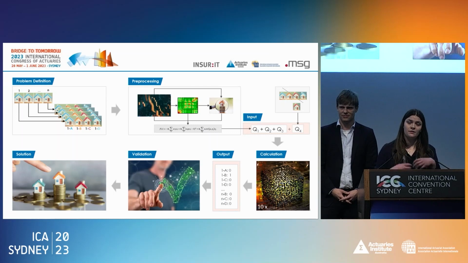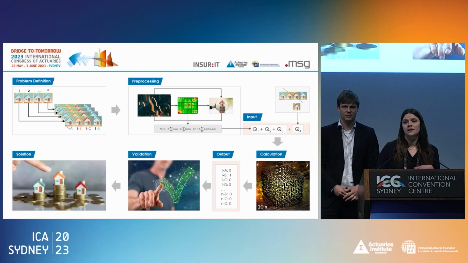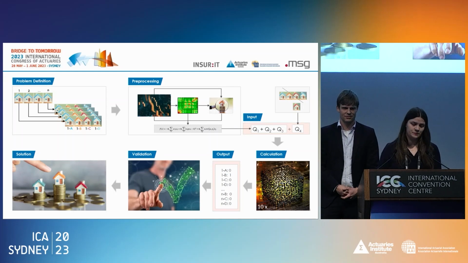We encoded the pre-processed problem to a valid input for the quantum annealer, sent it to the quantum annealer for calculation, and then the output was validated and encoded to a portfolio solution. Finally, the solution was rated by how close it was to an optimal solution. We will now have a look at each of these steps in detail in the following slides.